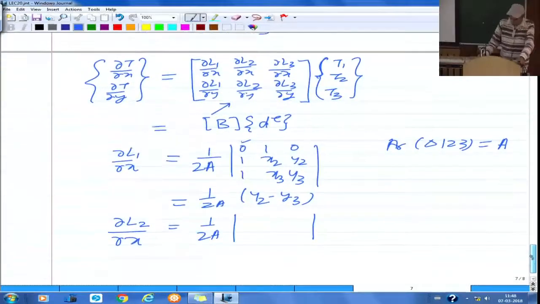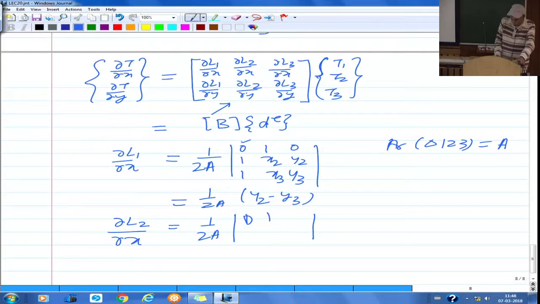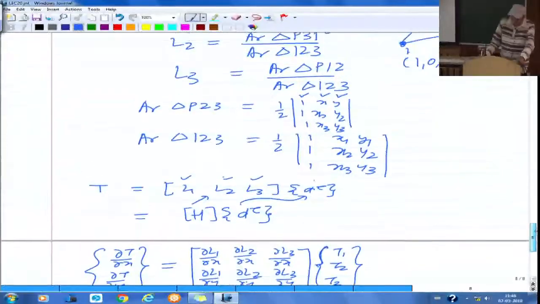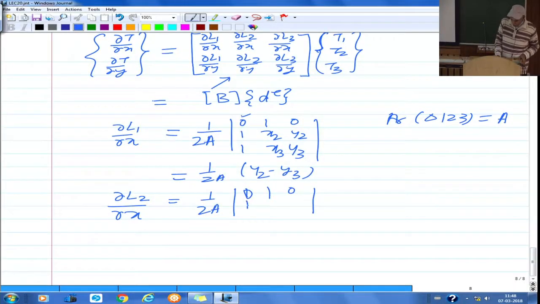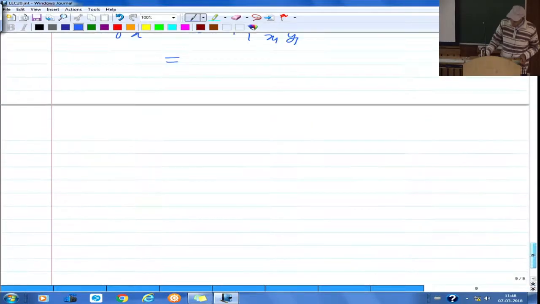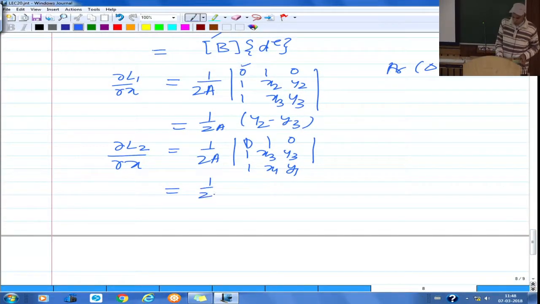The first row will still be 0, 1 and 0, and then you have 1 x3 y3, 1 x1 y1, and this multiplication will give you 1 upon 2a into, if you open this determinant, y3 minus y1, because there is a minus sign as the second row. So we will have y3 minus y1, and actually this follows cyclic order.